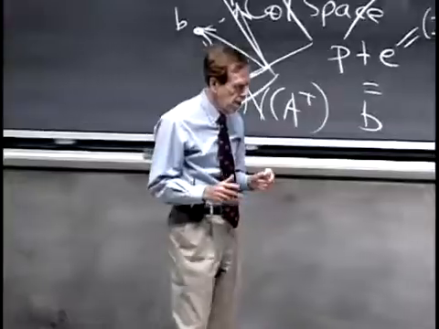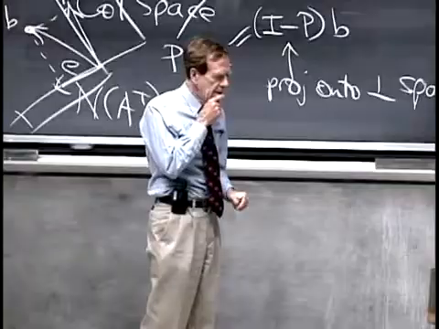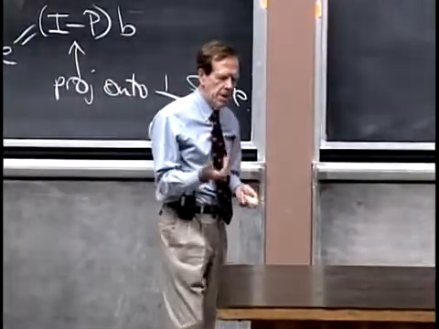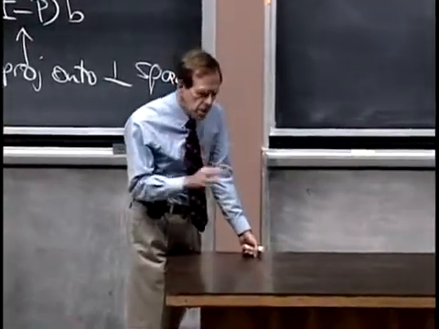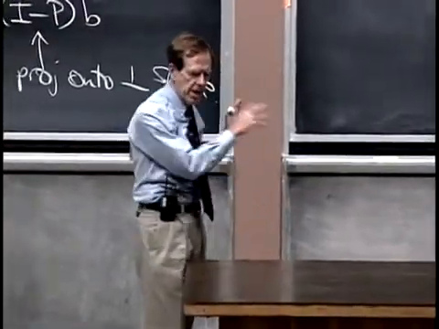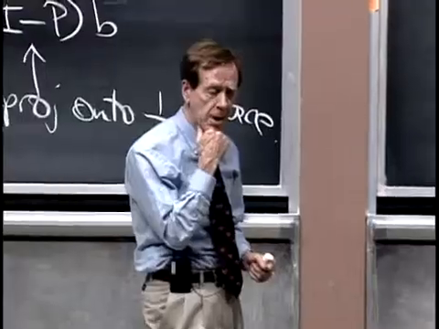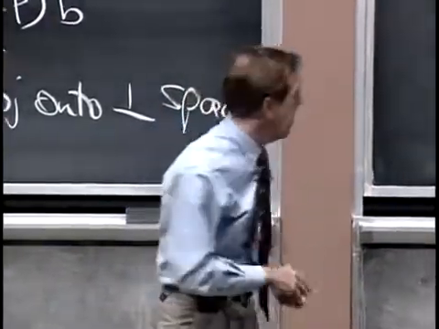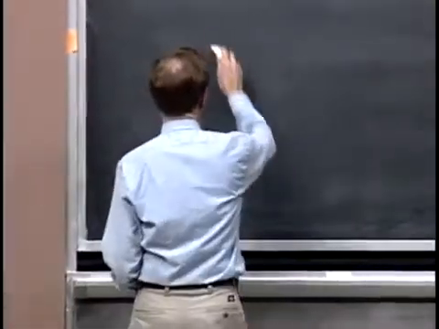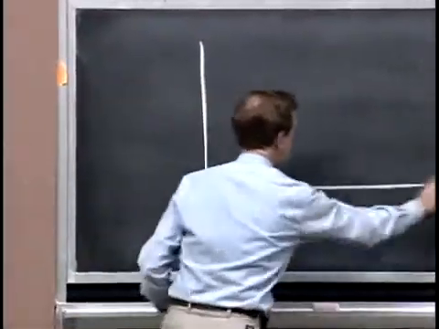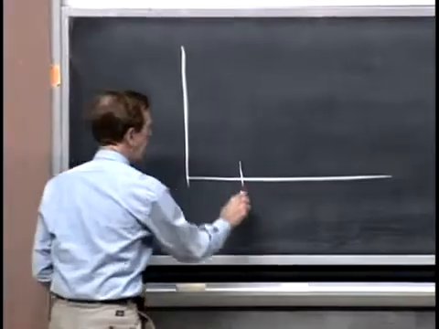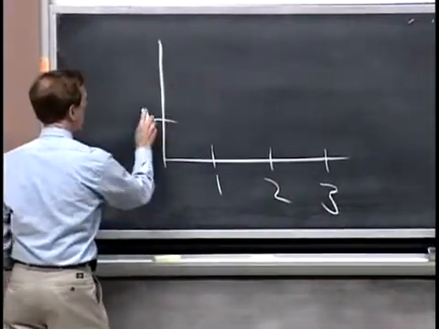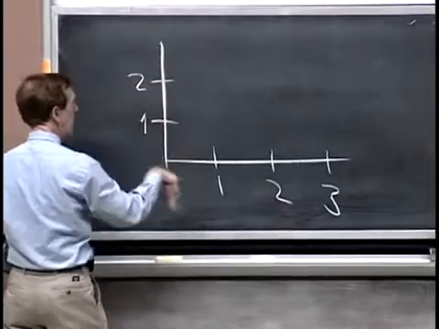Let me do that again. I'll go right through a problem that I started at the end, which is to find a best straight line. You remember that problem? I picked a particular set of points. They weren't especially brilliant. T equal 1, 2, 3. The heights were 1, 2, and then 2 again.